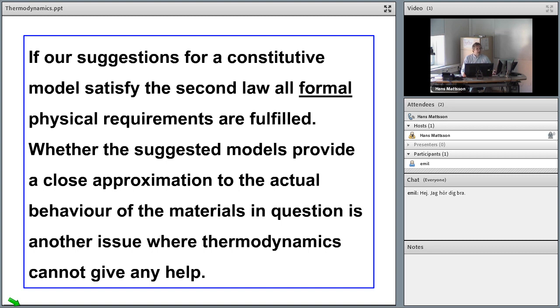And because of that, we don't need to satisfy the physical laws. It's not so important because we just have a model of the reality. It's not the reality itself. And what do you think about this? What is important and what is not important when you develop constitutive models?